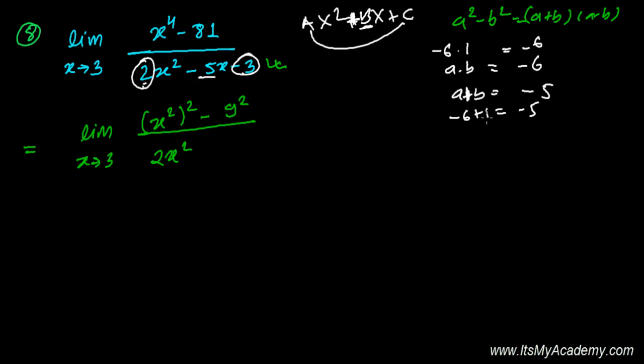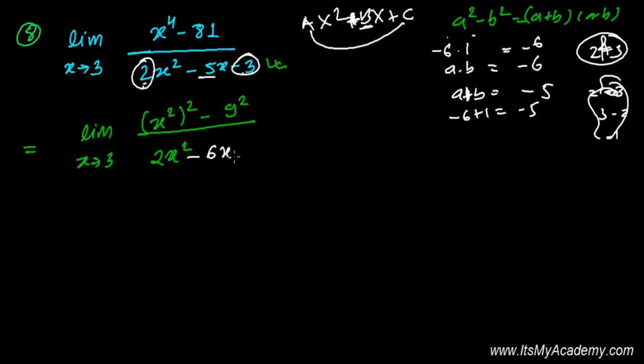It's not 2 and 3. Most of the students write 2 and 3 here, first they get confused. If you do 2 and 3, 2 times 3 you'll get minus 6, but when you add 2 with minus 3 or 3 with minus 2, you'll get 1 or minus 1. So it's not going to work with 2 and 3, so we have to go by 6.